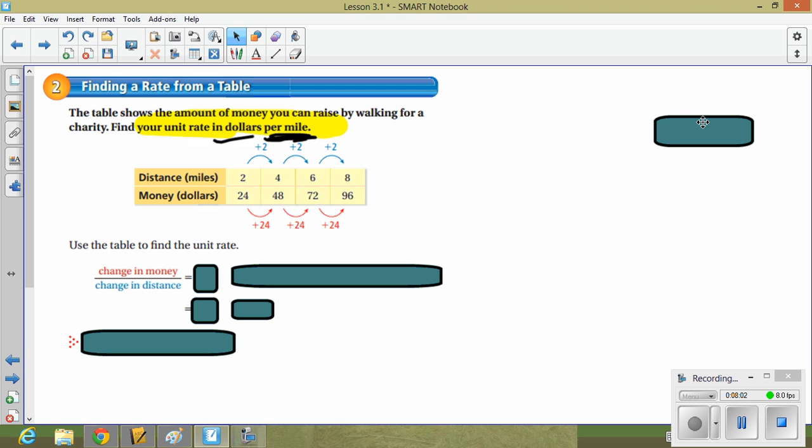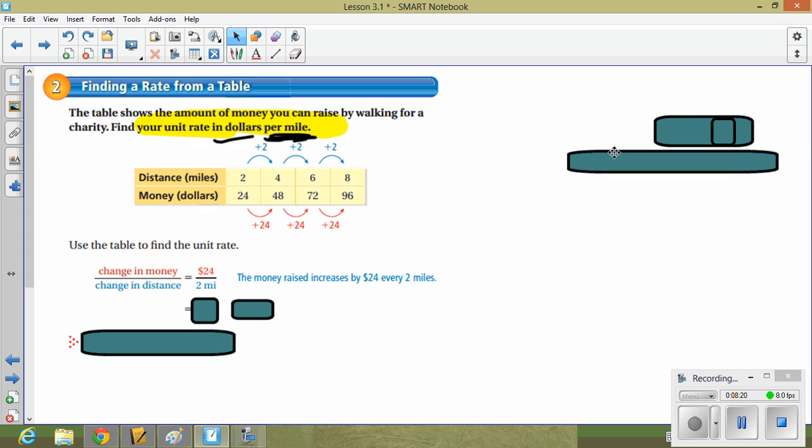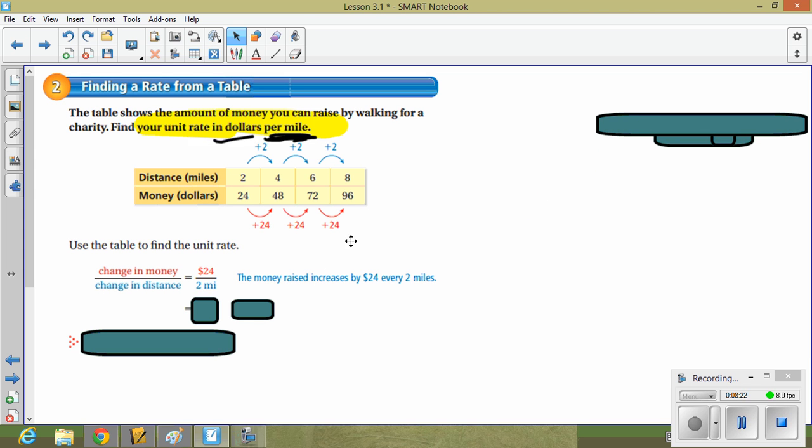So I'm going to find the unit rate, my dollars, money, compared to my distance or miles. So every $24 I raise, I walk 2 miles. So what does that mean? It means the money I raise increases $24 every time you walk 2 miles.